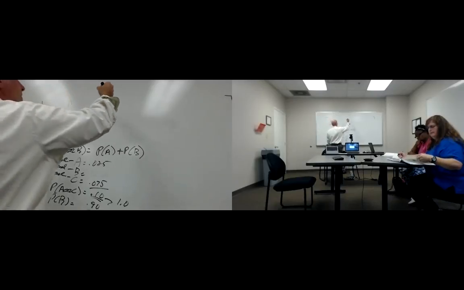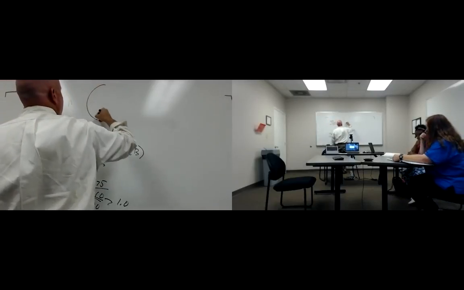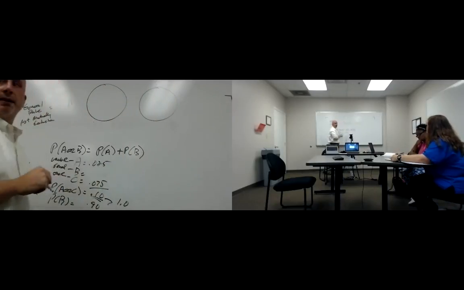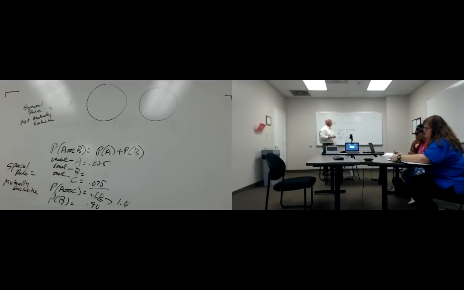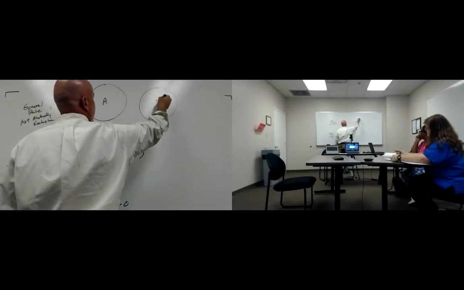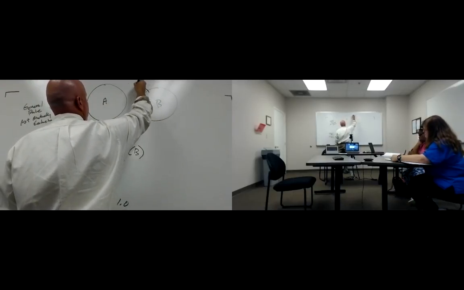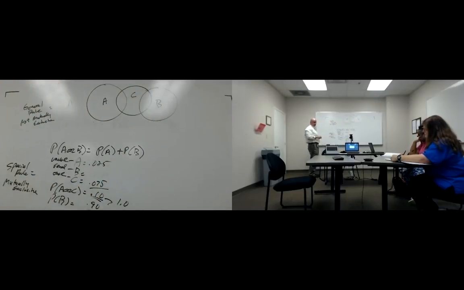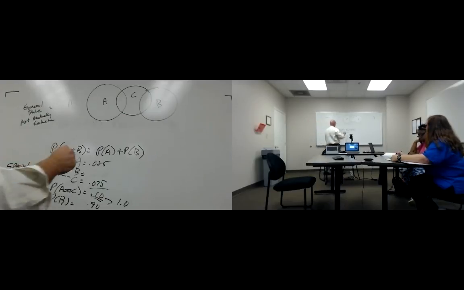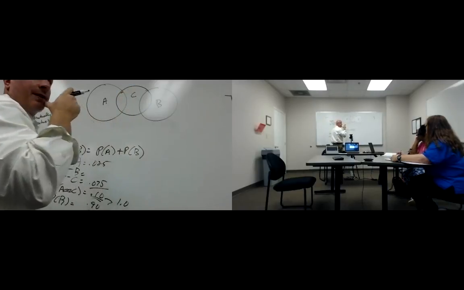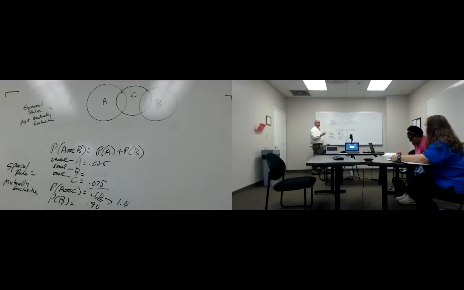So in this example, let's say that I have 3 possible outcomes. We're going to call this one A, we're going to call this one B, and that one C. And in this area, I want to highlight, this is what's going to distinguish that they're not mutually exclusive.